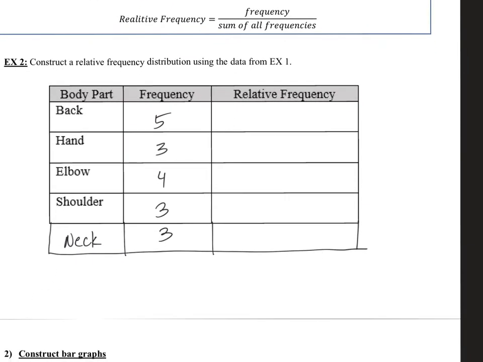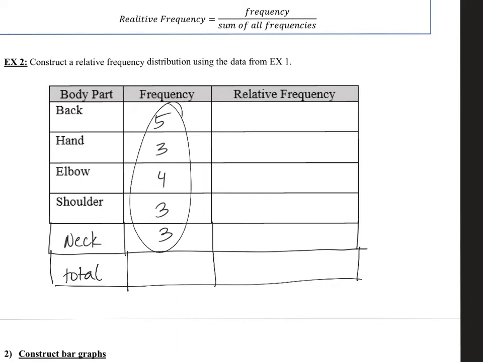So let's find the total. Okay, so adding these all up, let's see, we have 5 and 4, which would be 9, plus 3 would be 12, 15, 18. Okay, so this is going to be the sum of all the frequencies right there, is 18.